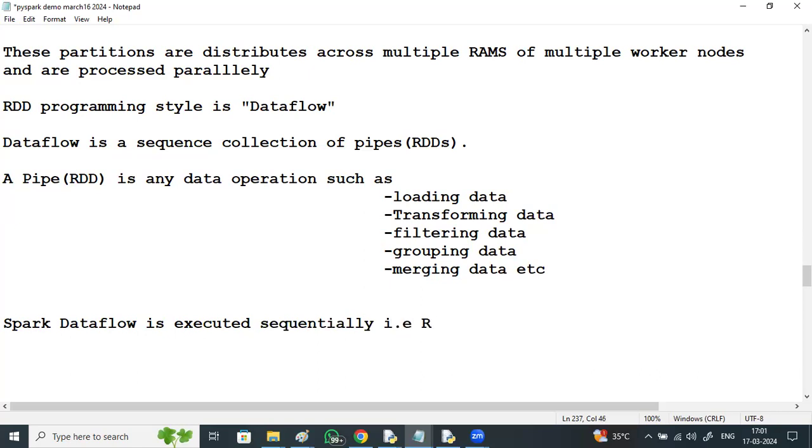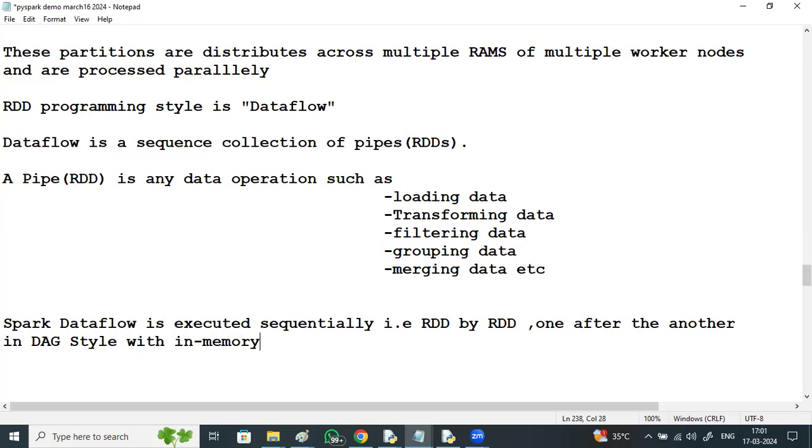That is, RDD by RDD. Understand here, RDD by RDD, one after the other, in that style, with the in-memory computing feature.